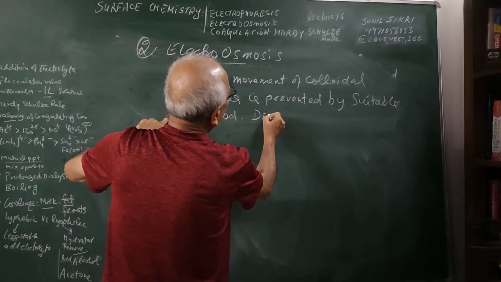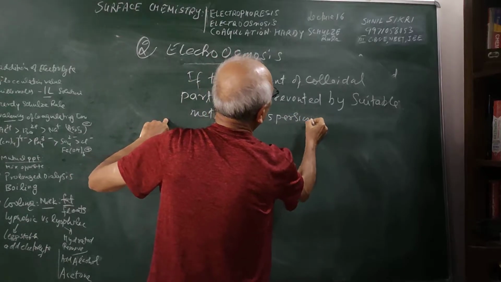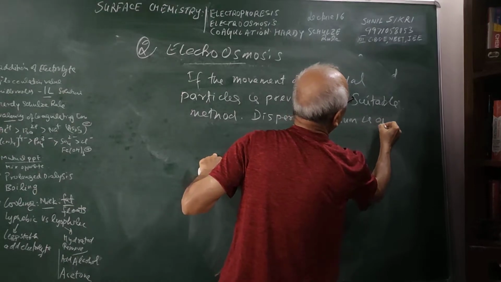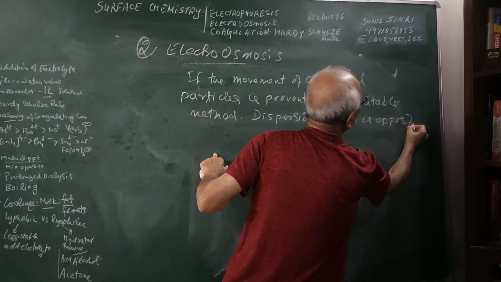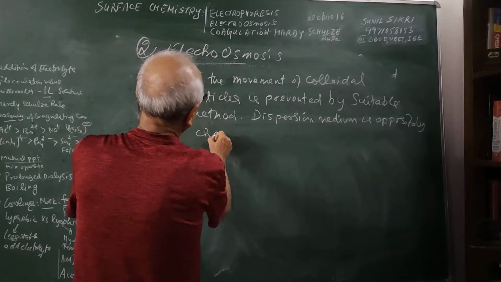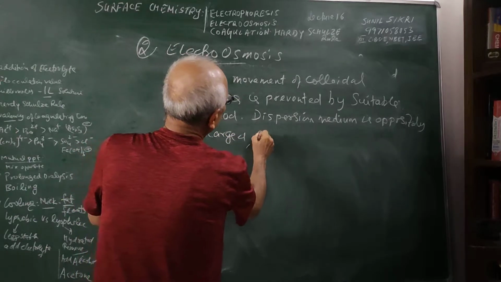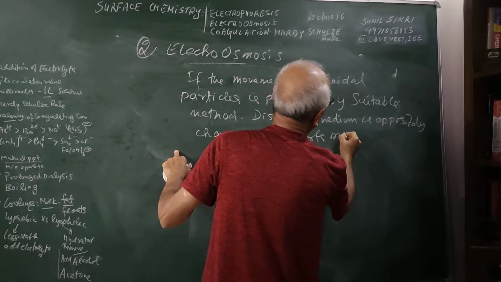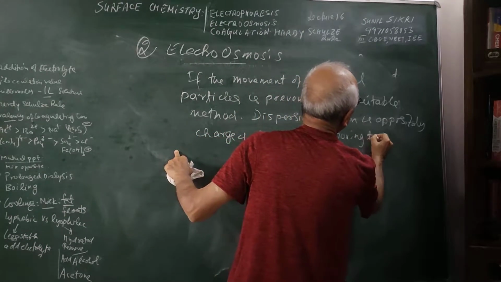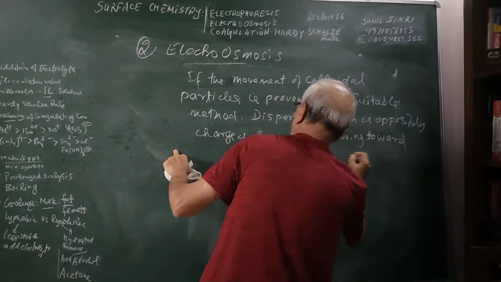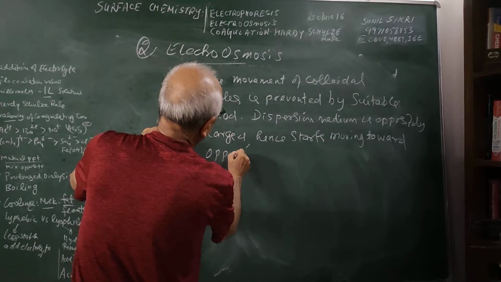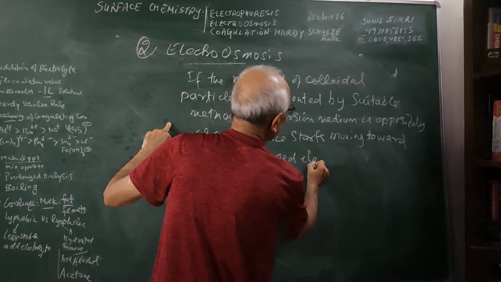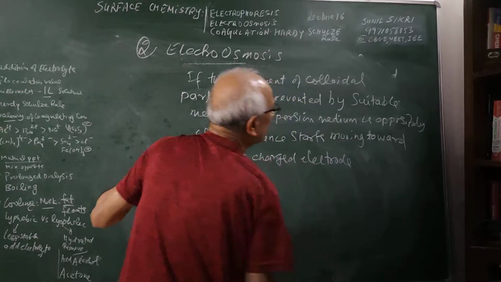The dispersion medium is oppositely charged, hence starts moving towards the oppositely charged electrode. This process is known as electroosmosis.